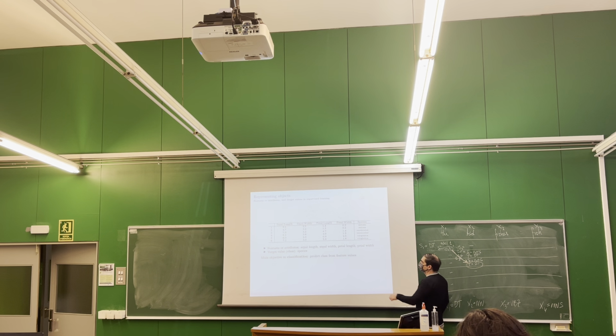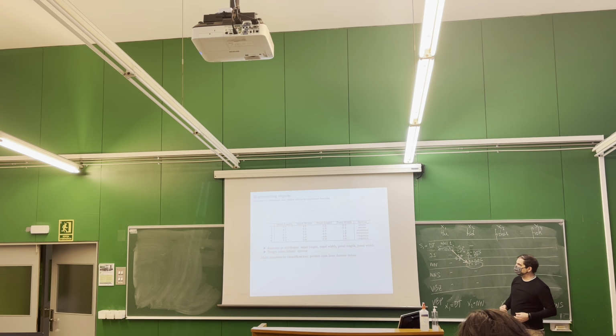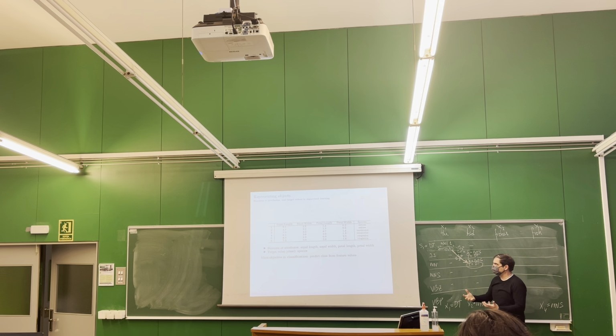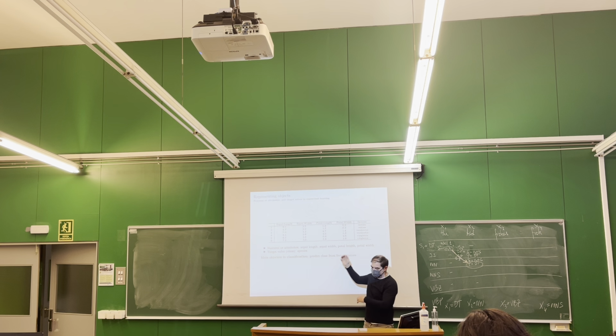Also, we have a special column that is the thing that we want to predict in general for this kind of elements, in this case for flowers, okay? Depending on the sepal length, width, petal length, and width, the kind of species that flower represents or belongs to.